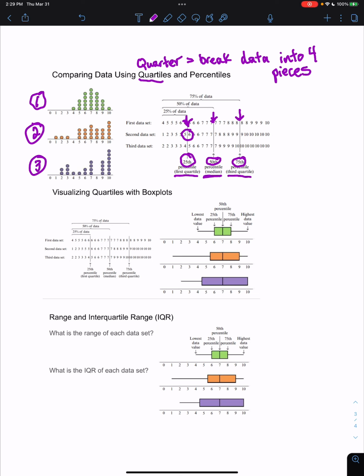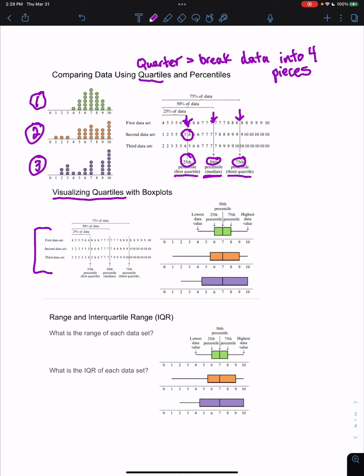Now, we can also visualize quartiles. So we have the same data points down here. This same display showing the 25th, 50th, and 75th percentiles, or the first quartile, the median, and the third quartile.